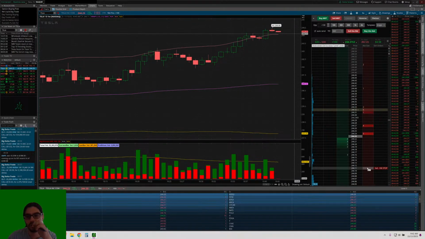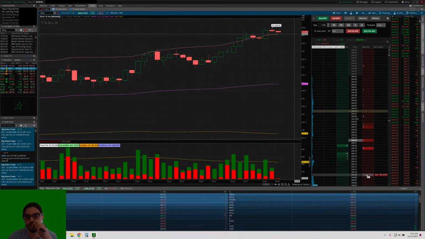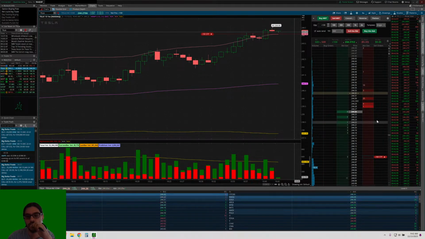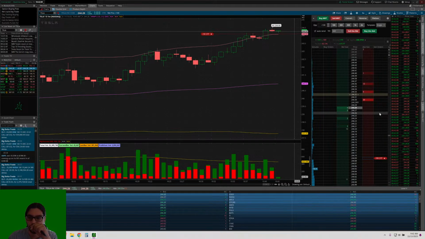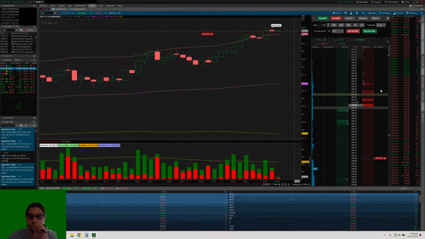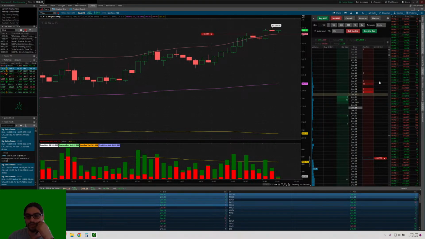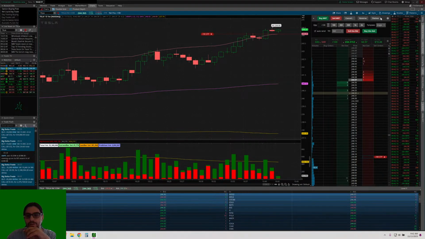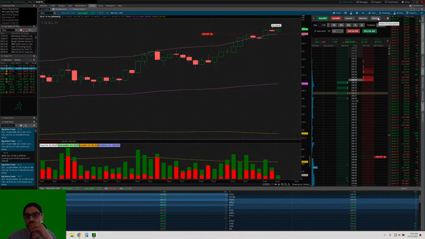My exit probably is not until it reaches down right there. I do want to get a free trade put in on this, so I'm going to give it a little bit more room here.